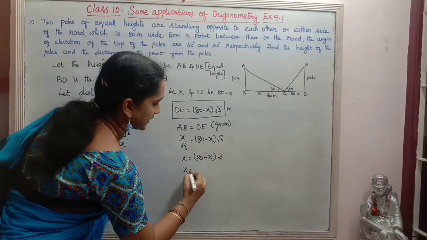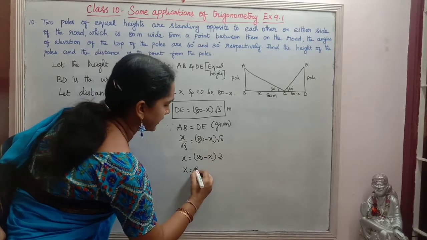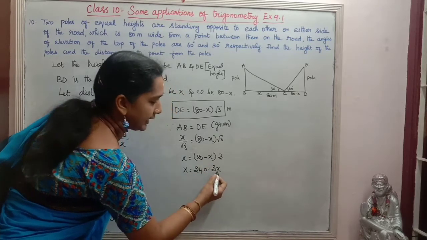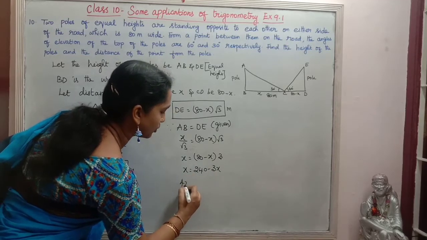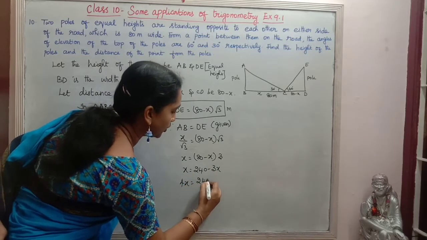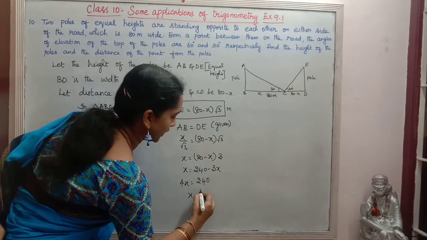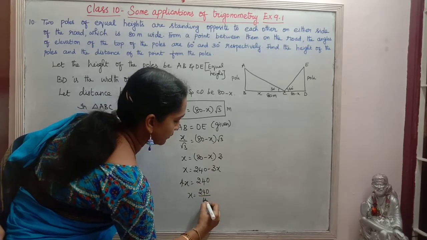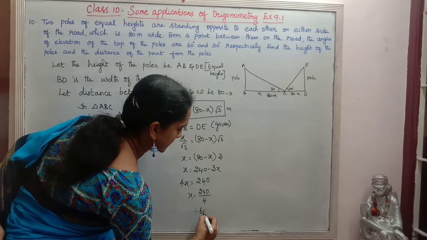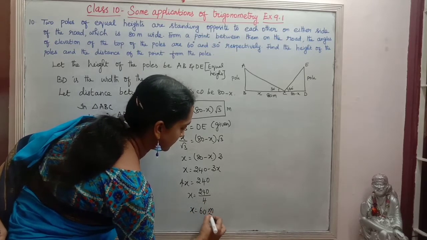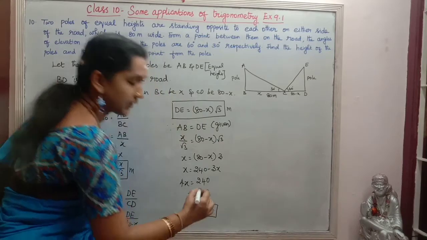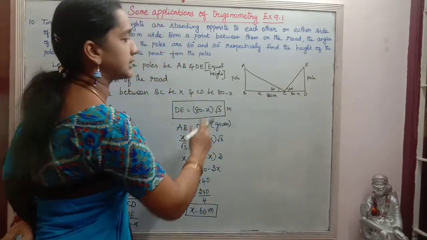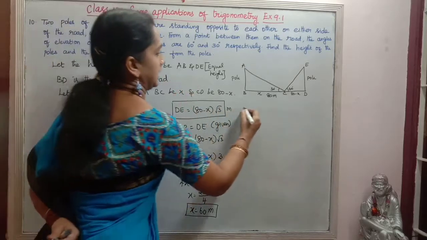So we will get X is equal to 240 minus 3X. When we take this 3X to that side, we will get 4X is equal to 240. So the X value we got is 240 by 4, which is 60. X value is 60 meters. Okay, X is equal to 60 meter, and 80 minus X is the distance of CD.